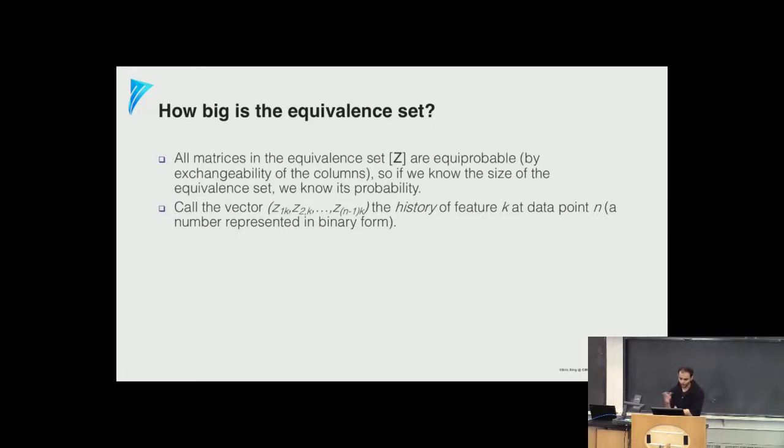So going back to what I was saying here, we have these equivalence classes. All the elements within the equivalence class are equiprobable, and so we can define these vectors like z_1k, z_2k, etc., and z_(n-1)k, and this will be the history of feature k for the corresponding data points from 1 to n minus 1, and this will be the history for the data point n in this case.